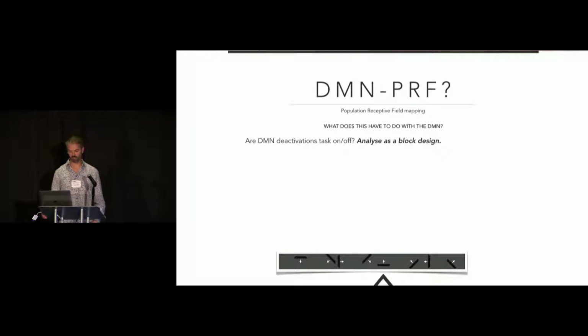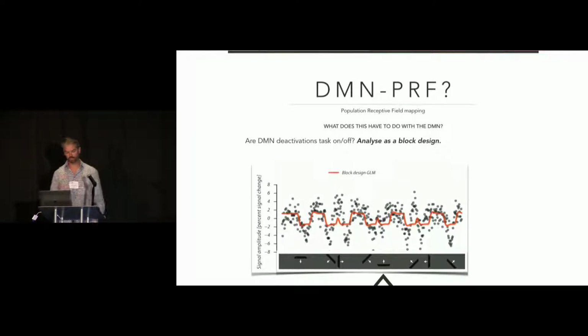So you can analyze a voxel time course as a block design. What I'm showing you here is a voxel time course from angular gyrus. And you see that if I fit it with a block design, you get a negative beta weight. So it stands for a deactivation of this voxel's response whenever there's a stimulus on the screen.